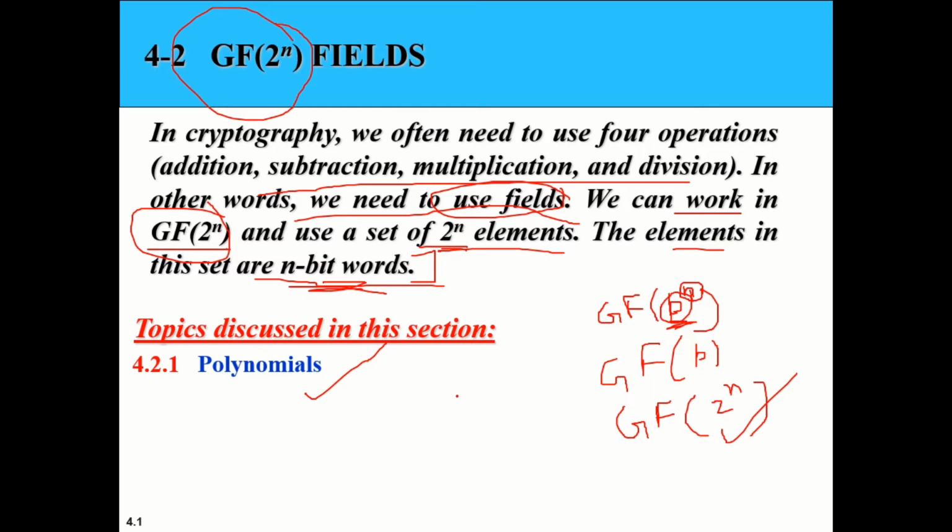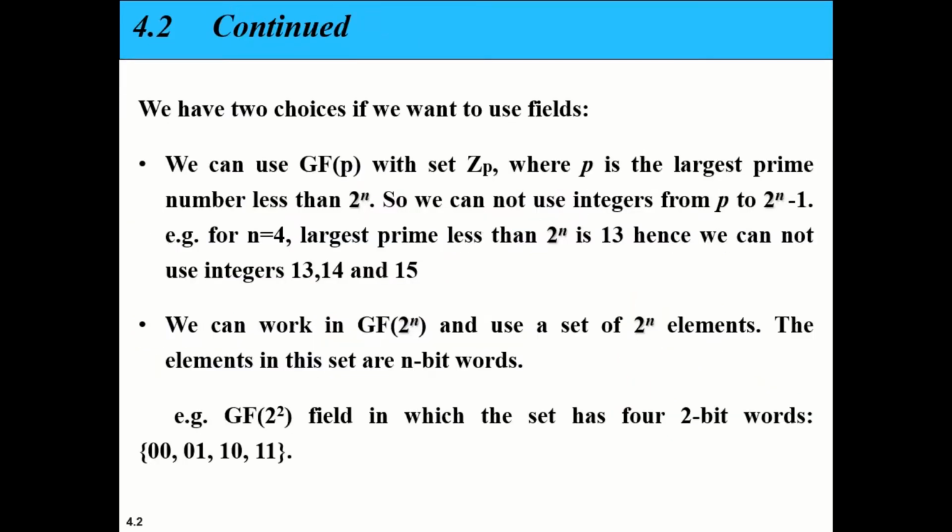When we use polynomials to perform addition, subtraction, multiplication, division and modulus, it becomes easy. So that is why we make use of polynomials with fields, and we will be using both of these for the coming topics.